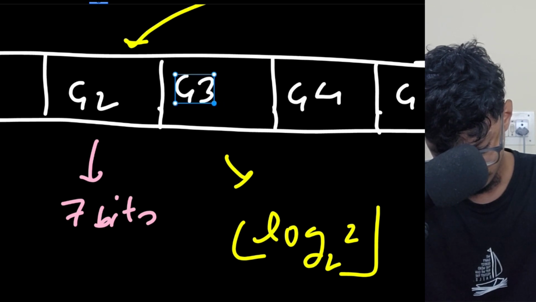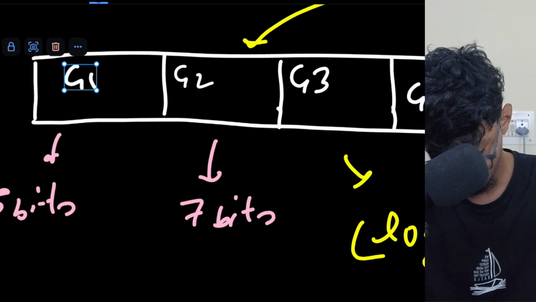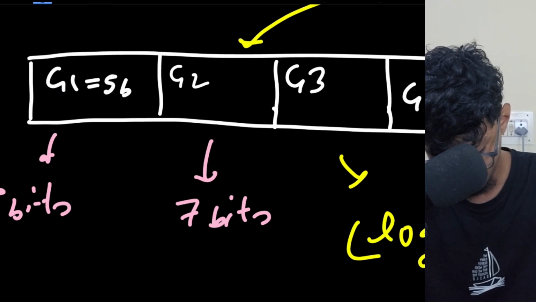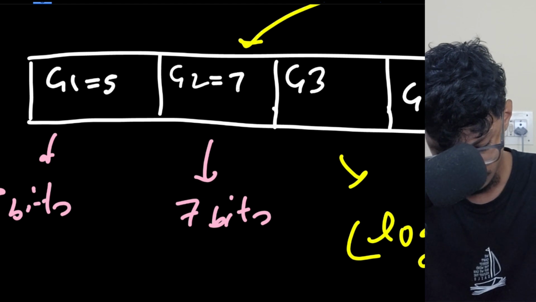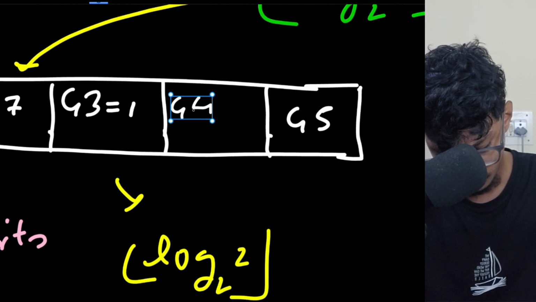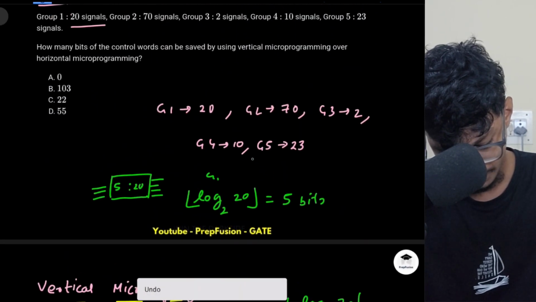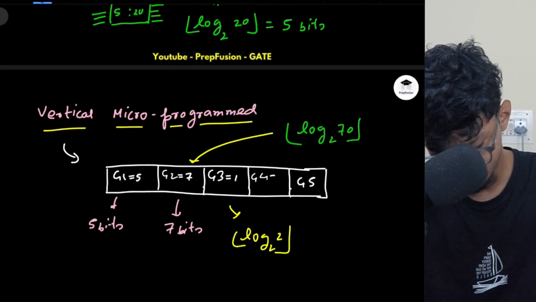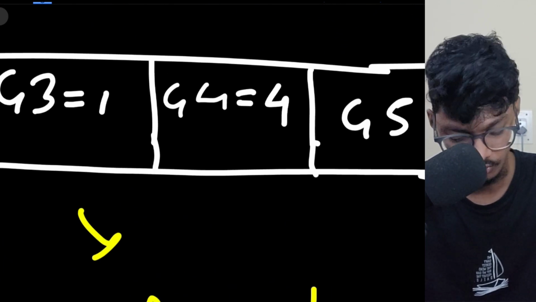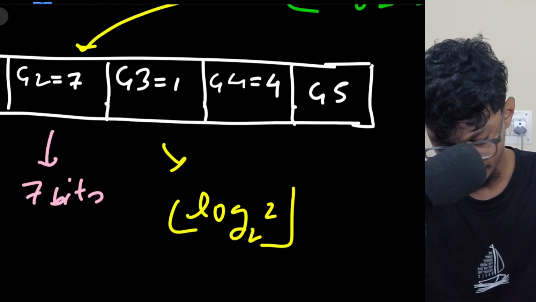So this will be equal to 5 bits, this will be 7, this will be 1. And G4 I can directly do now. What is log base 2 of 10? It will simply be 4, right? I will require 4 bits. And what is log base 2 of 23? Again I will require 5 bits.